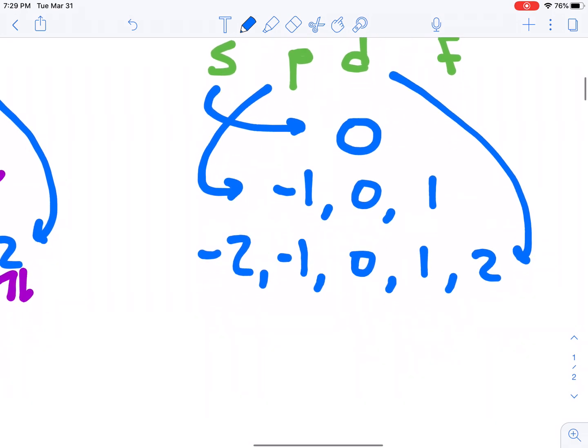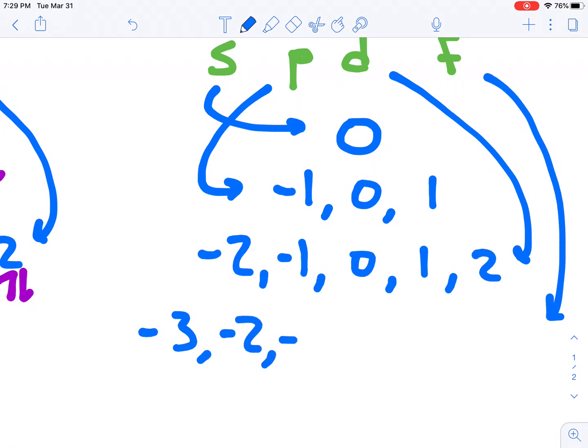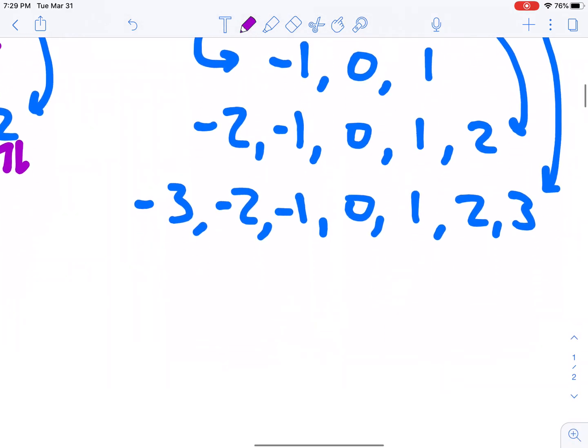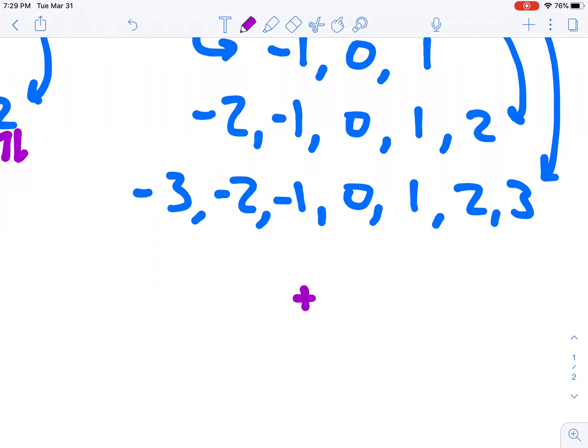And then for F, F has a value of 3, so we're going to go from -3 all the way through -2, -1, 0, 1, 2, and 3. Those are the possible orientations for those F orbitals. Remember that every single one of these can hold 2 electrons because we have spins of plus and minus 1/2.